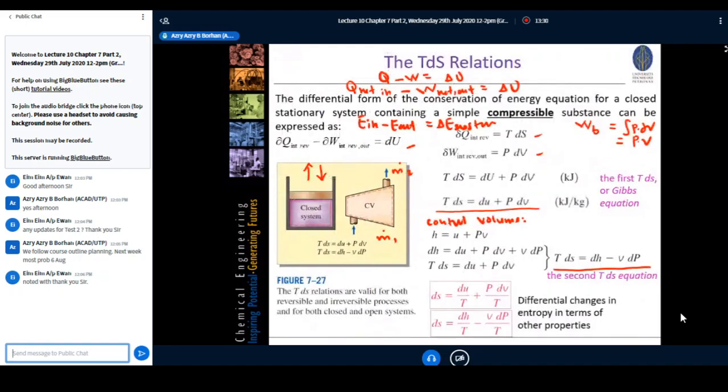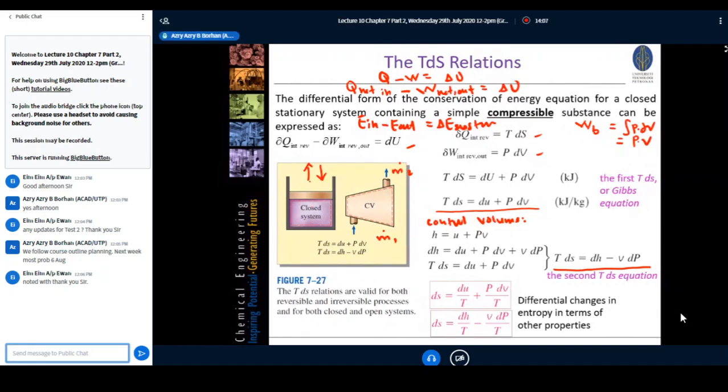Also, last week we took into account the TdS relations. How do we get these TdS relations? It all starts from the energy balance of a closed system: Q net minus W net equals delta U. From our definition of entropy, delta S equals delta Q over T for an internally reversible process.